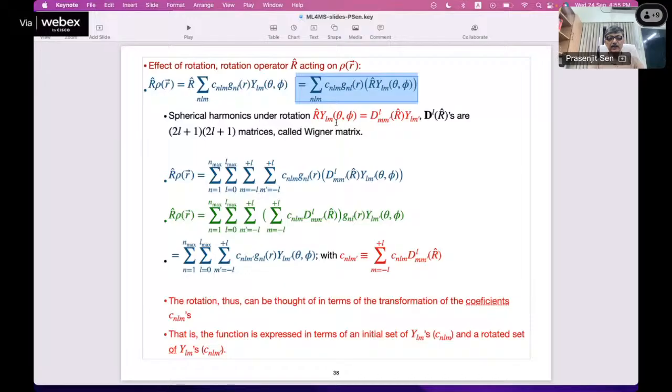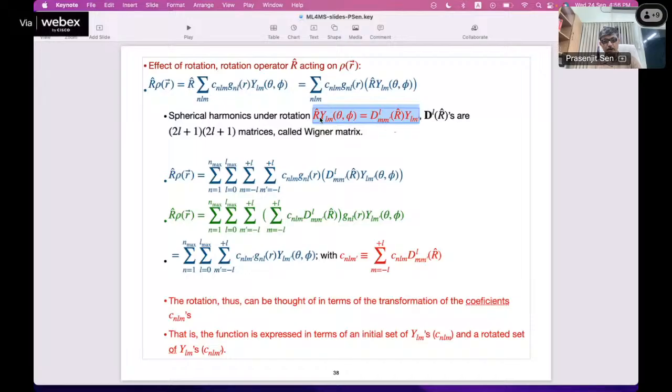Now it turns out that this transformation of these Y_lm's under rotation is a very widely studied topic in different branches, definitely in physics. They can be written like this.